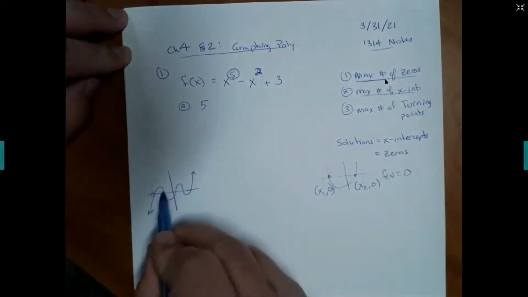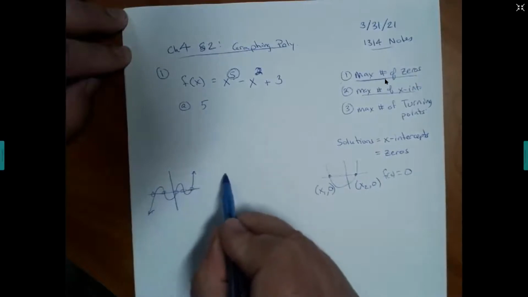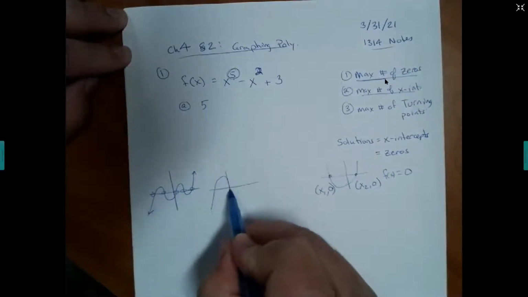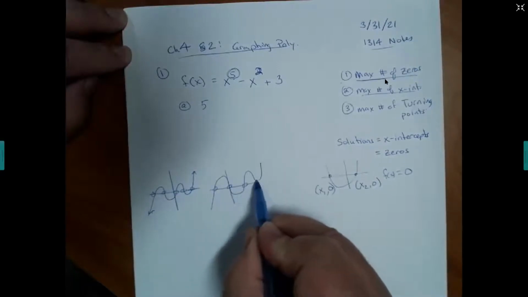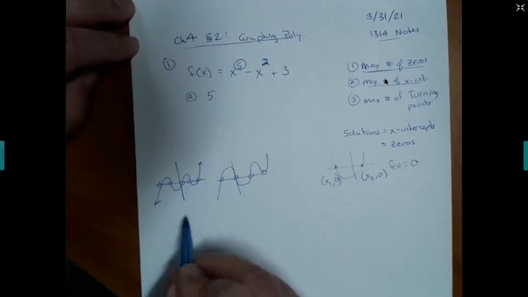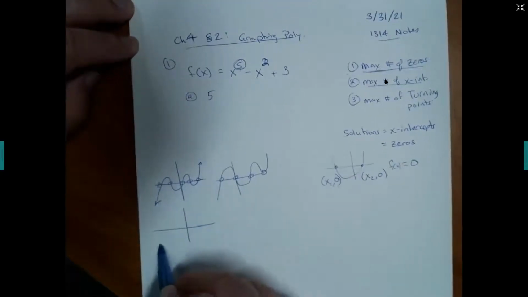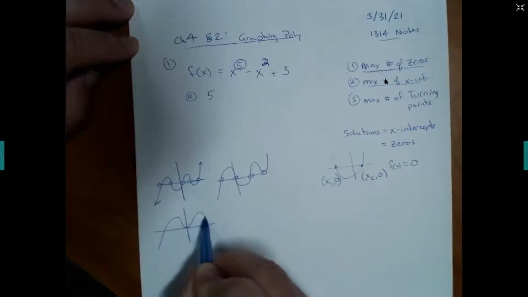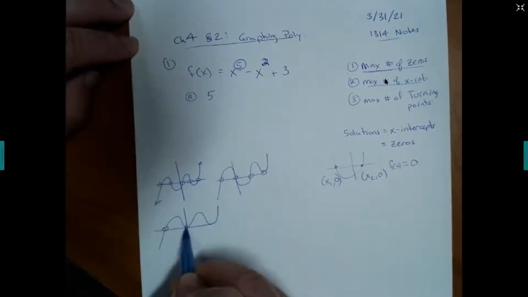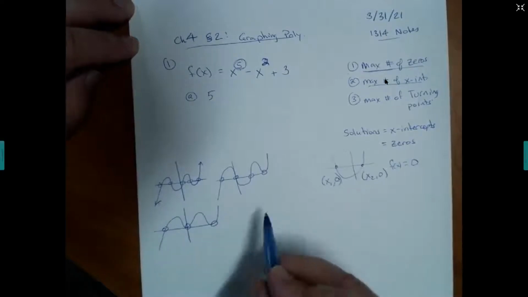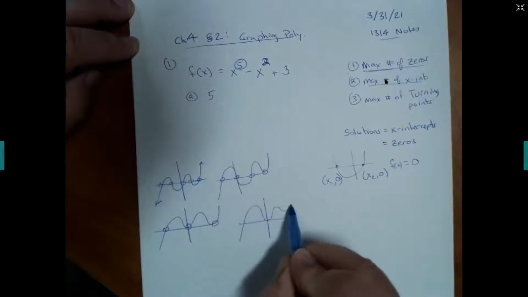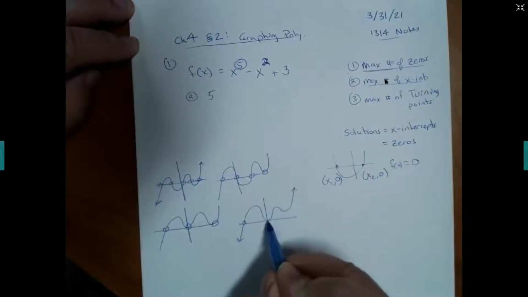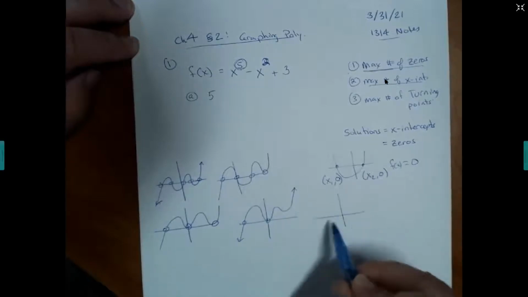So we can have 1, 2, 3, 4, 5 solutions, or 1, 2, 3, 4 solutions, or 1, 2, 3 solutions, or 1, 2 solutions, or 1 solution.